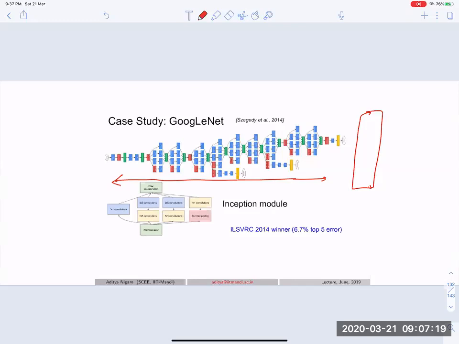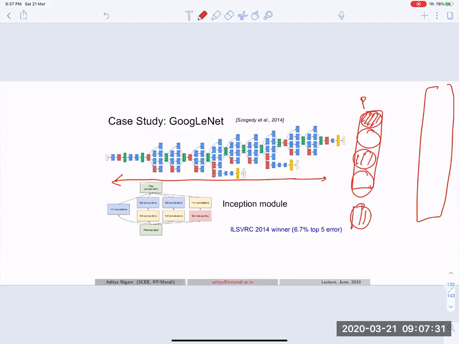Now suppose that this is my penultimate layer and this is my last layer. Here I am going to have different types of neurons, and some of them actually fire. Maybe if there is a dog, then these three neurons are going to fire. If there is a cat, maybe only this neuron will fire.